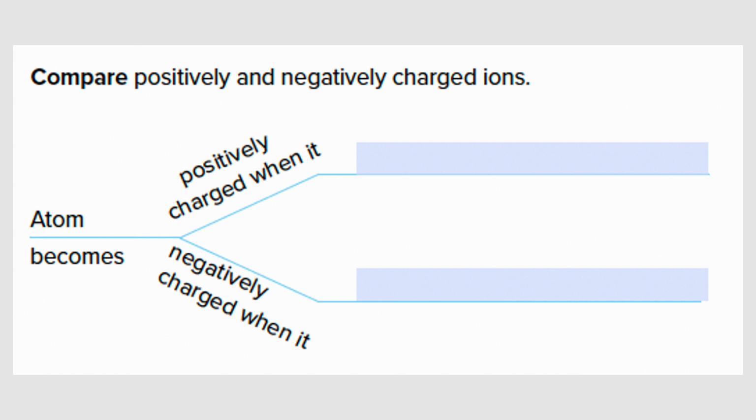Something to remember here with ions is that protons are positively charged and electrons are negatively charged. So, in the formation of positive and negatively charged particles, the losing and gaining of electrons is what is responsible.